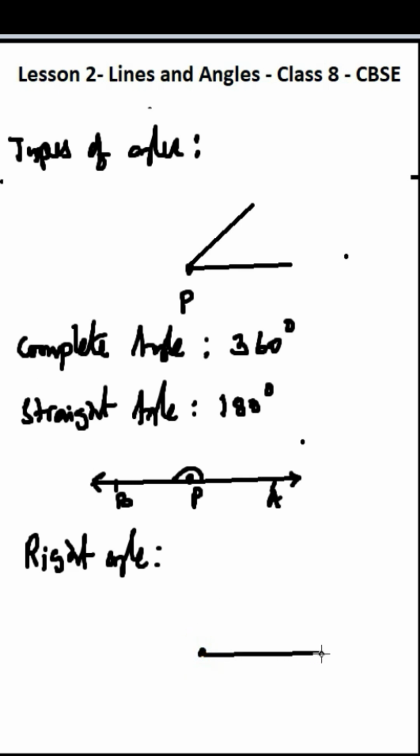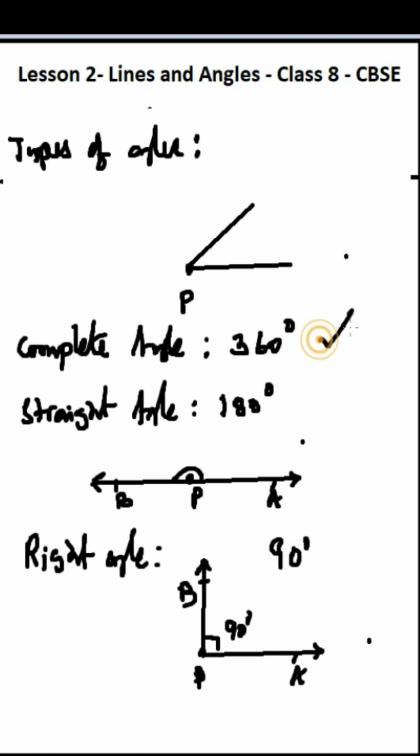One ray is here, another ray is like this, and if the first ray PA is perpendicular to PB, then we call this angle 90 degrees, and this is nothing but a right angle. So complete angle is 360, straight angle is 180, and half of the straight angle is nothing but 90 degrees.